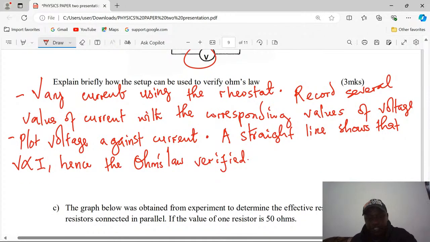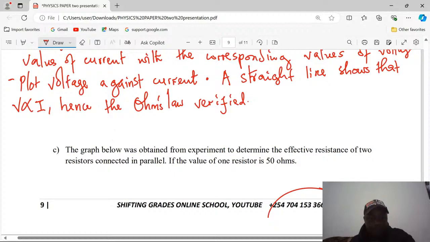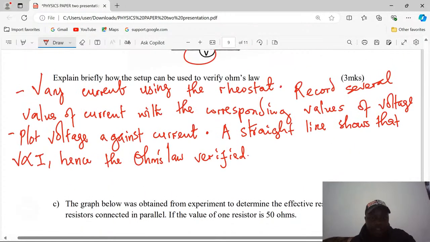So that's a simple procedure which you can follow to verify Ohm's law.